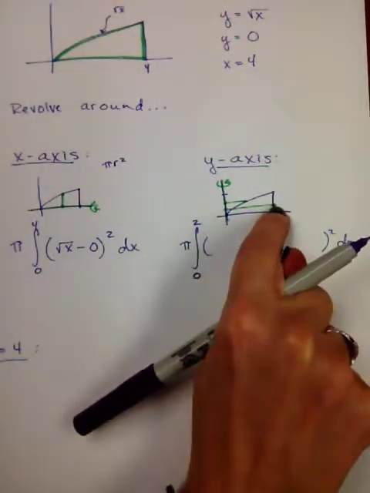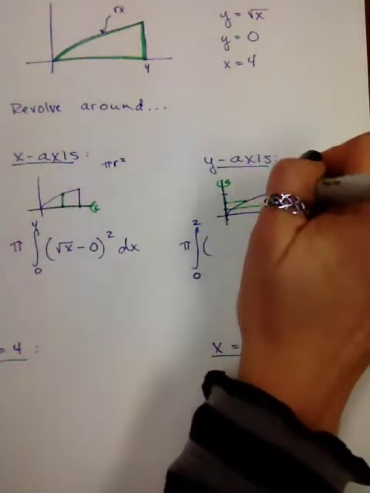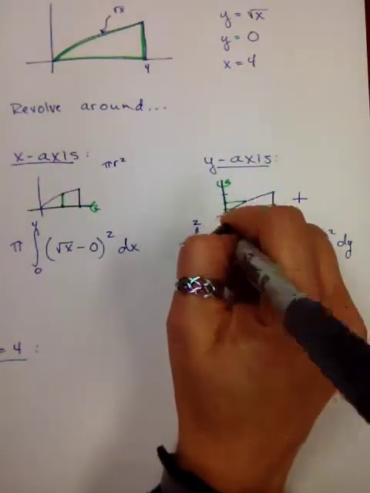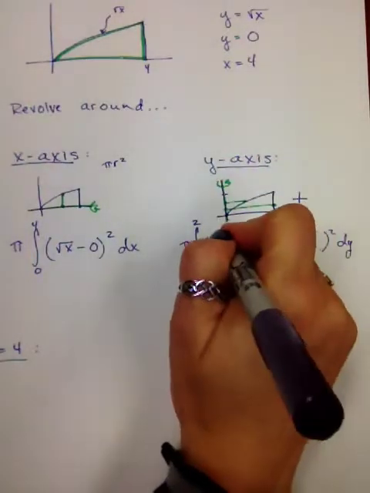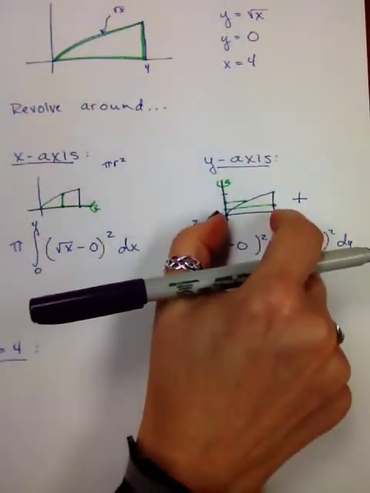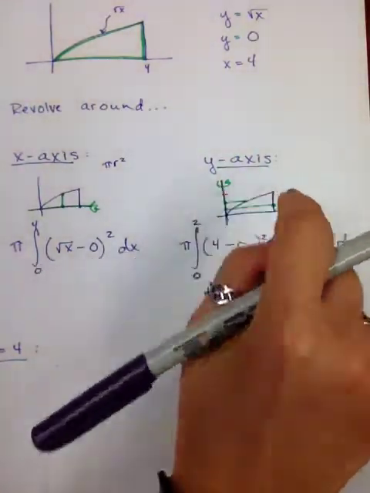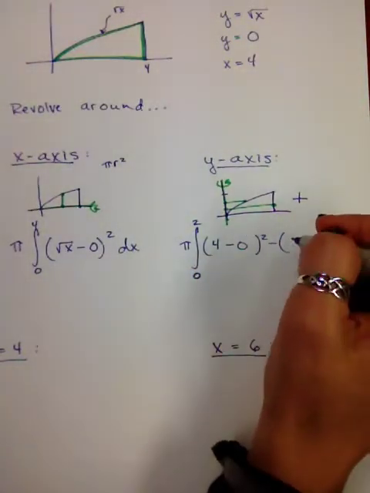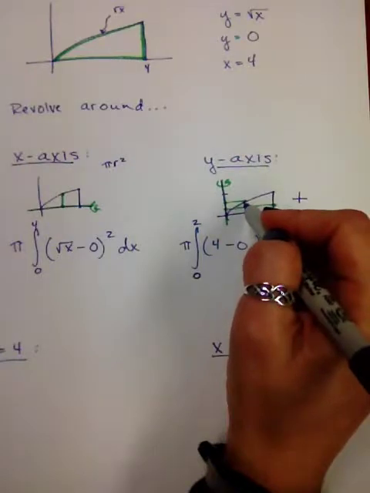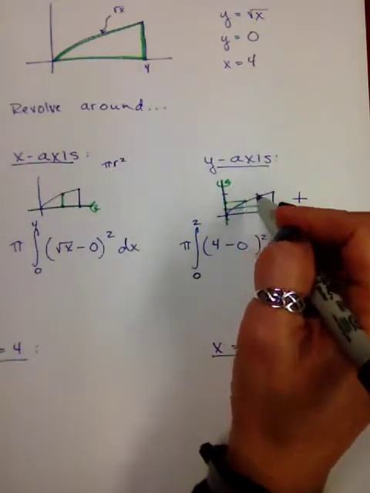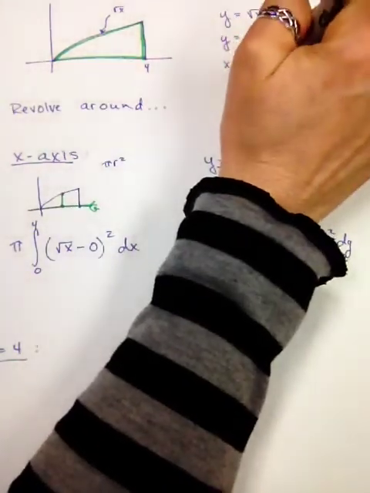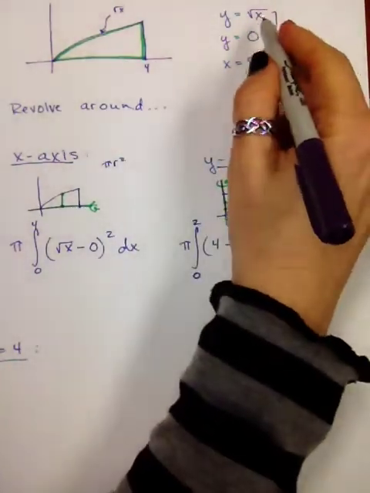Next, you look at your longer radius. For my longer radius, the right-hand side, the more positive side, is touching x equals 4. The left-hand side is touching x equals 0. So my longer radius is the length from 0 to 4, which is 4 minus 0, or 4. The shorter radius, the right-hand side, is actually touching the function itself, but remember this is with respect to y, so I'm going to take my equation, y equals the square root of x, and solve for x.